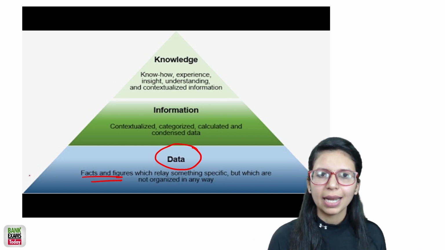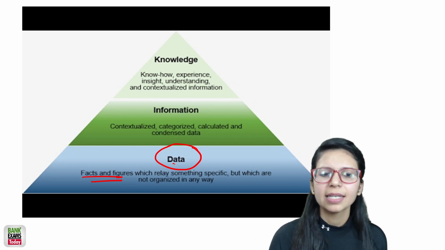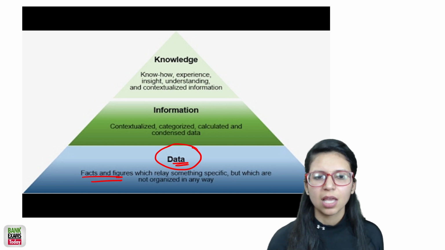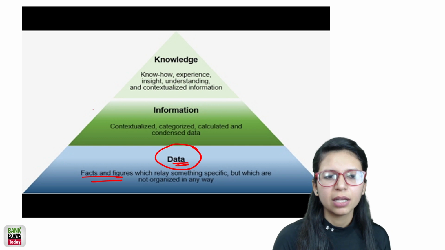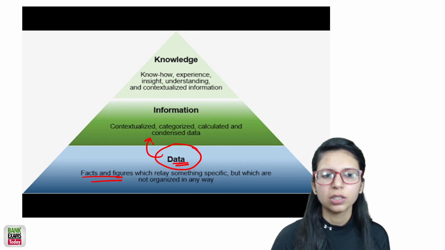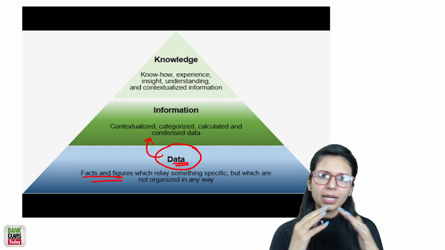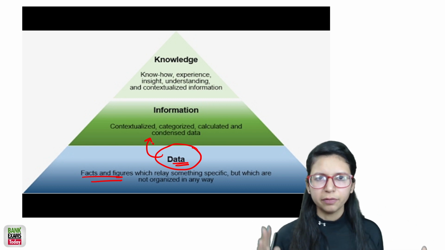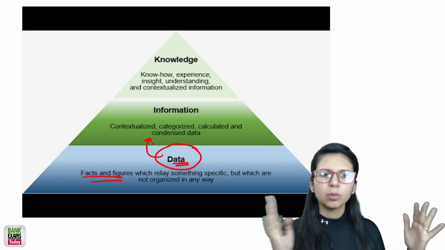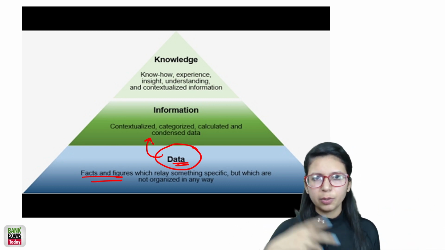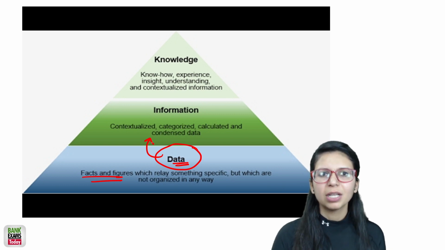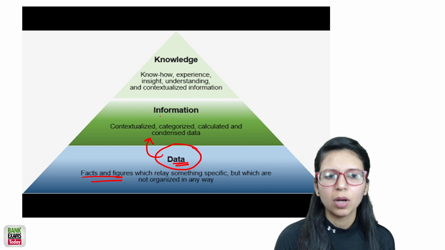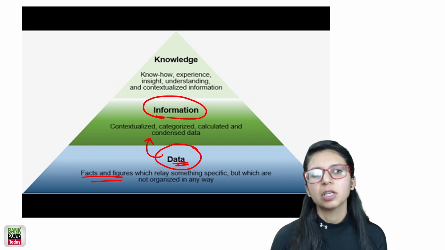When something is not organized, that is what data is. When we have data, how does it become information? It will be when we calculate the facts and figures and categorize them properly. When it becomes organized, it is called information.